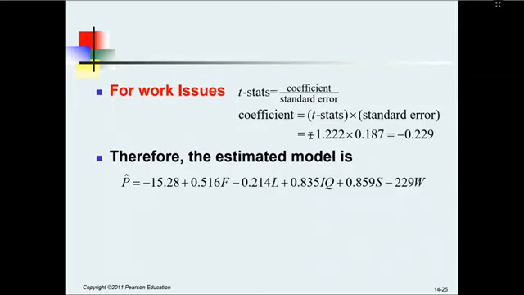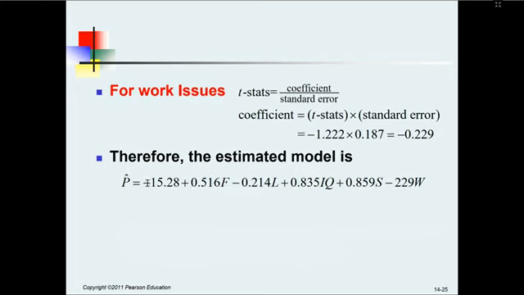That will be minus 1.222 times 0.187, and that will give us minus 0.229. So the 0.229 is for work issues, and the family issue is 0.516.